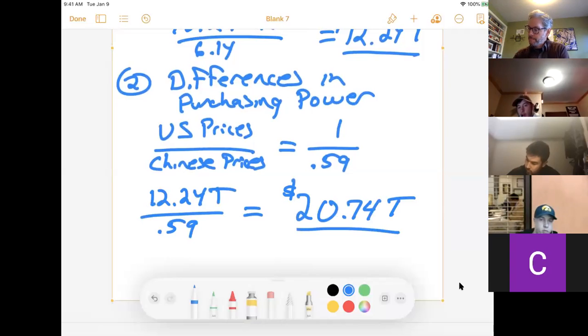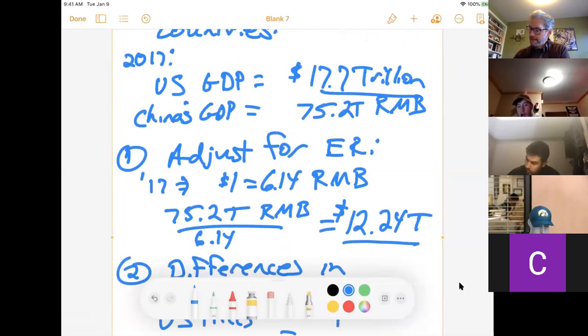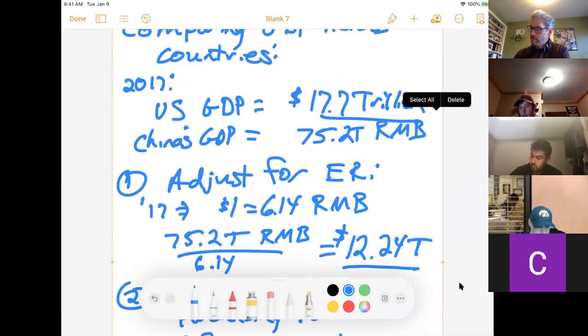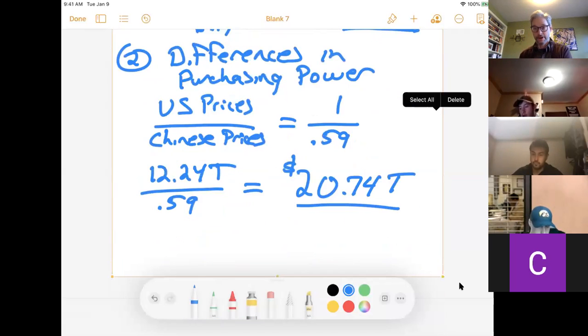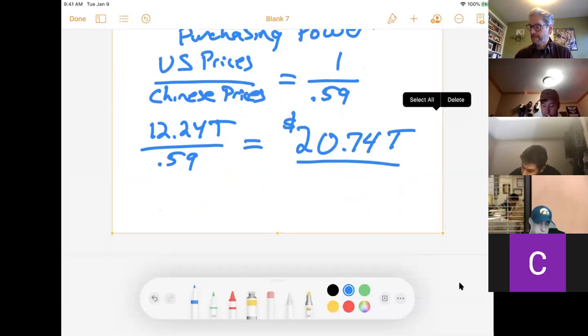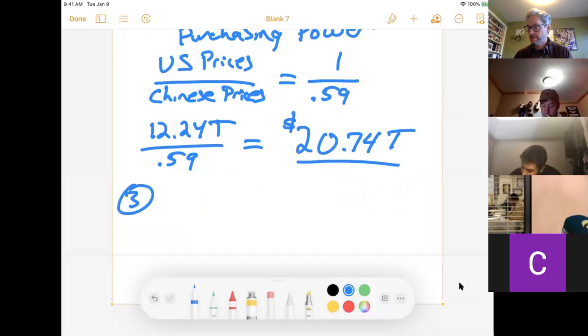So now if we compare to the US, actually, in some ways, the Chinese economy is bigger than the US economy if we account for purchasing power. However, there's a third adjustment that we need to make to this number, and this is an obvious one.